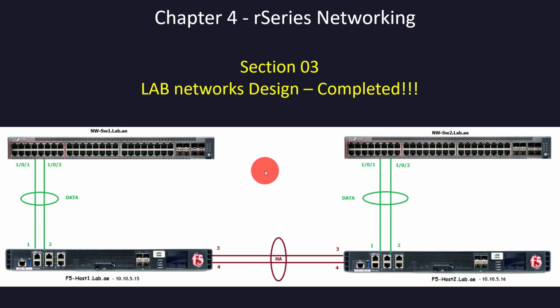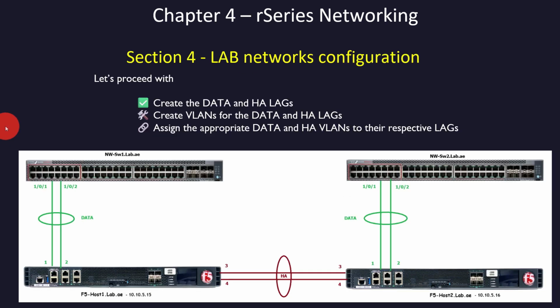We will complete all the 3 tasks in section 4. Let us proceed with creating the data and HA LAGs, creating VLANs for the data and HA LAGs, and assigning the appropriate data and HA VLANs to their respective LAGs.